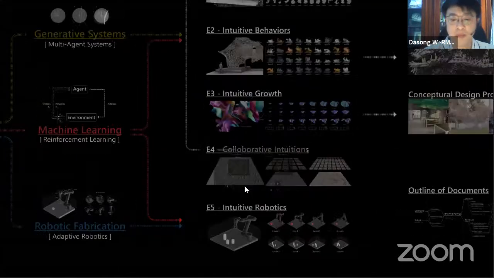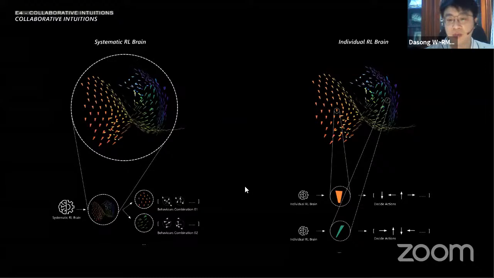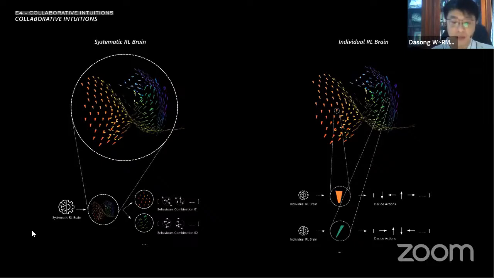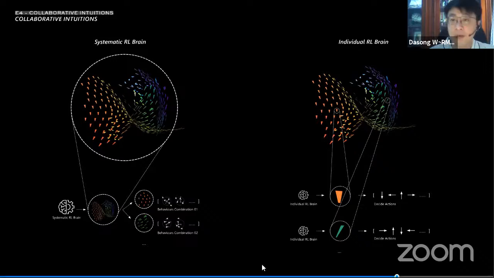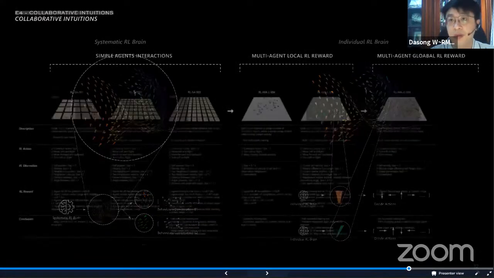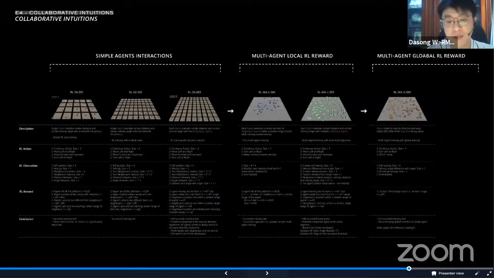Another work in progress research direction is looking at training multiple agents collaborating with each other. The previous experiments were all training the generative system as an entirety. But in this project, the research tends to train several components of the system to collaborate in order to be more adaptive. The shown images are some initial tests.